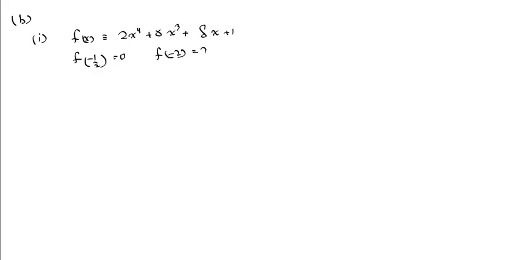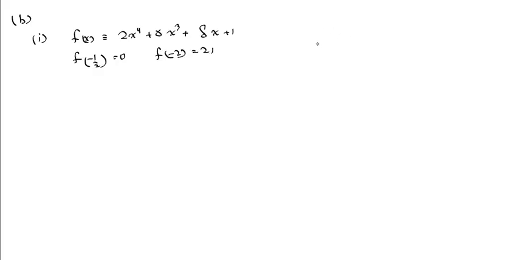Next, we'll go to the B part of the question, remainder theorem and factor theorem. They are asking: let f(x) equal 2x to the power 4 plus gamma x to the power 3 plus delta x plus 1, where gamma and delta are real constants. Given that f(minus half) equals 0 and f(minus 2) equals 21, find the two linear factors of f(x).